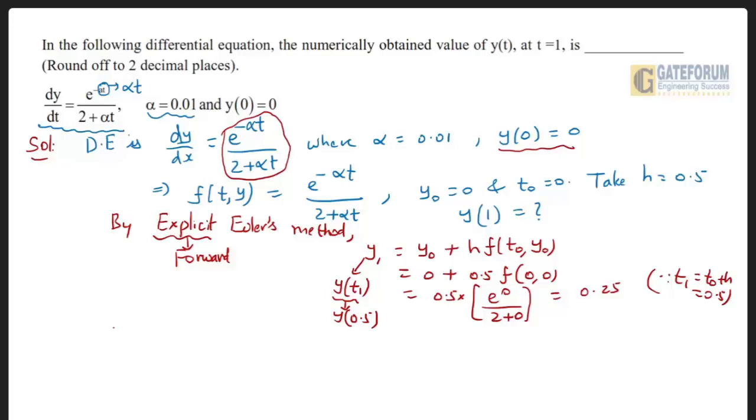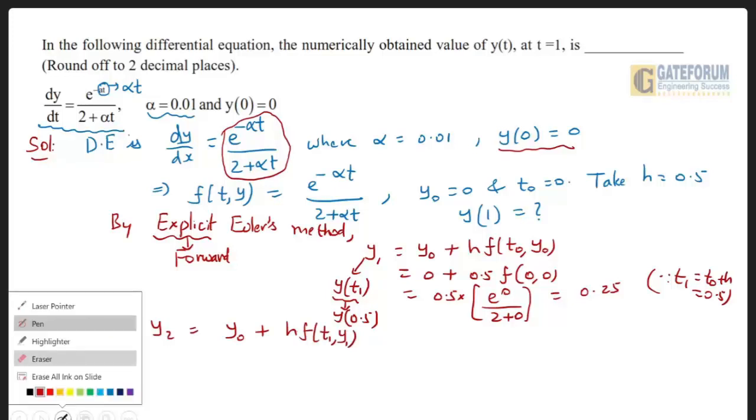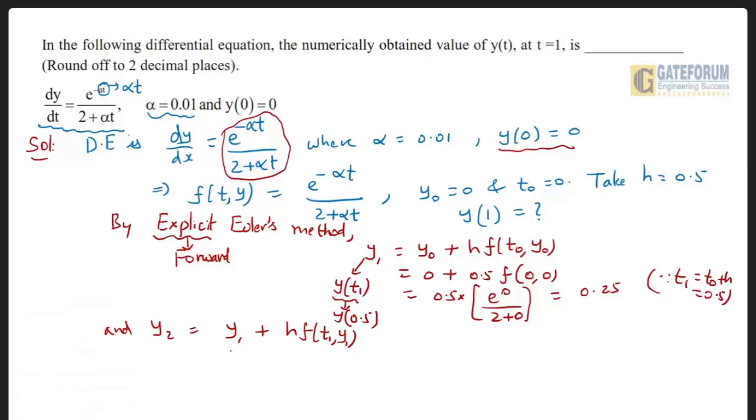Solution y2 is equal to y1 plus h times f of t1 comma y1. In general forward Euler's method, putting i is equal to 1, you will get y2 is equal to y1 plus h times function of t1 comma y1. What is y1? 0.25. h value 0.5 into function of t1 0.5, y1 0.25.